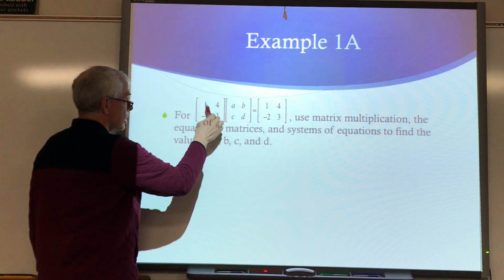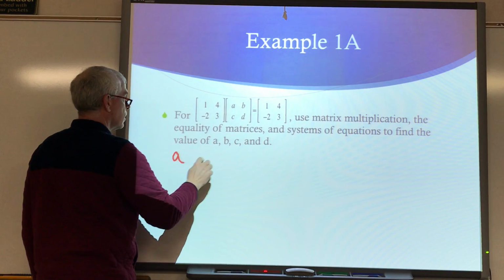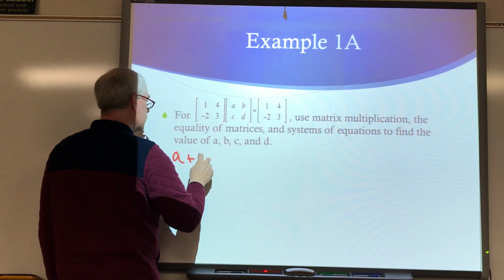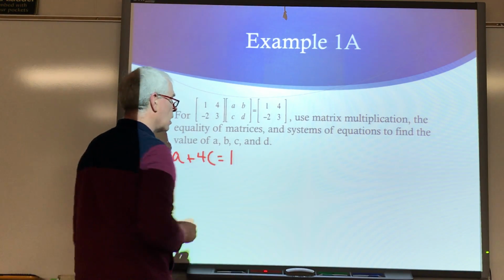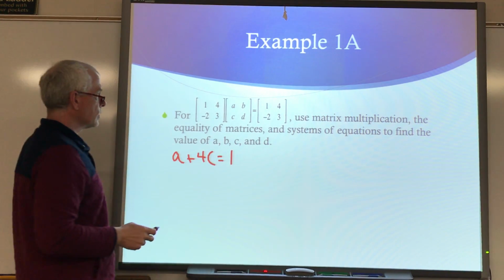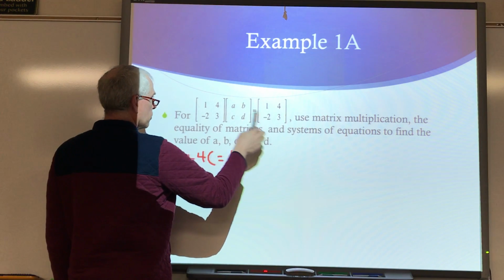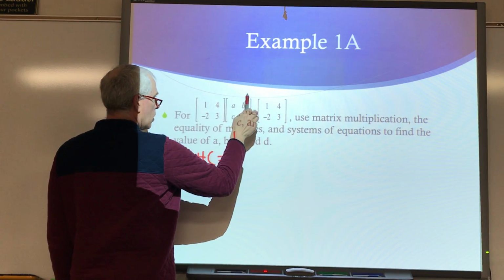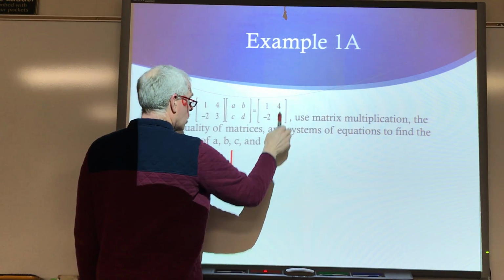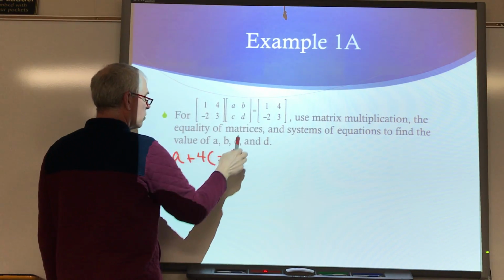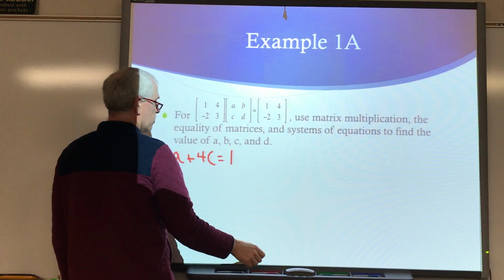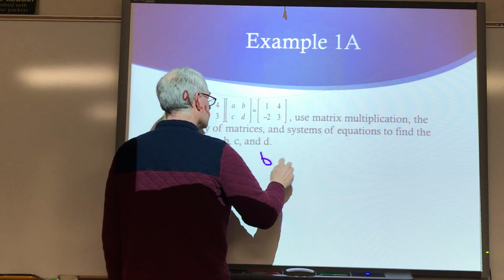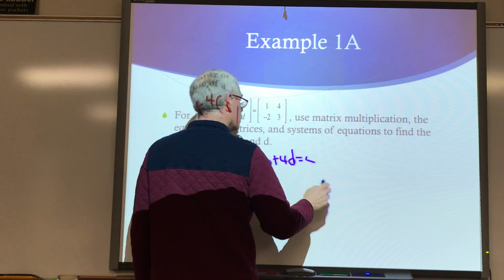So let's do that. A times 1 is A, 4 times C is 4C, and that's going to have to be that 1 that's in the upper left. If I take row 1 times column 2, that's going to be B plus 4D equals 4.